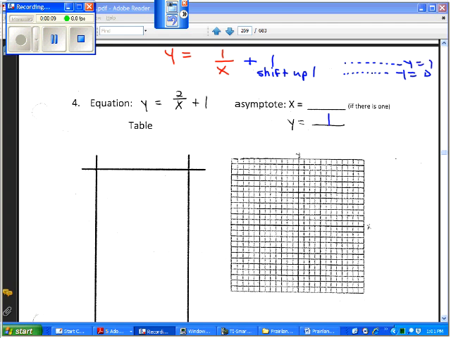So just seeing the plus 1 added to the parent function tells me that there will be a vertical shift of 1, and so my asymptote would go from being the x-axis, which is the horizontal line y equals 0, to the horizontal line y equals 1.